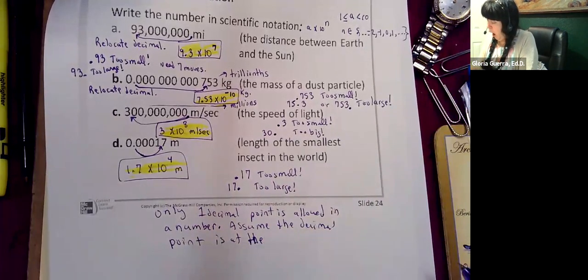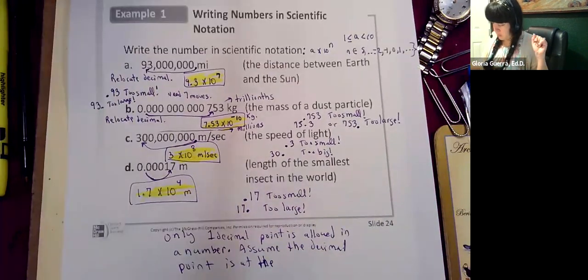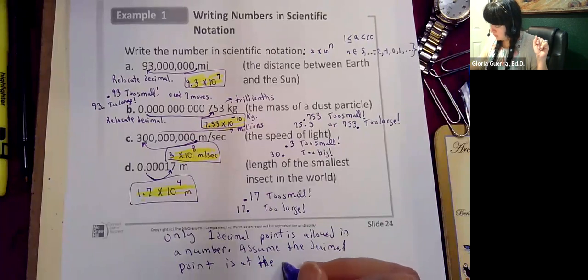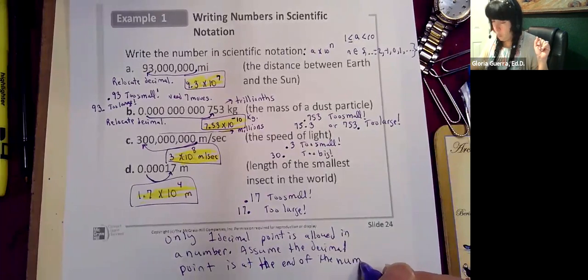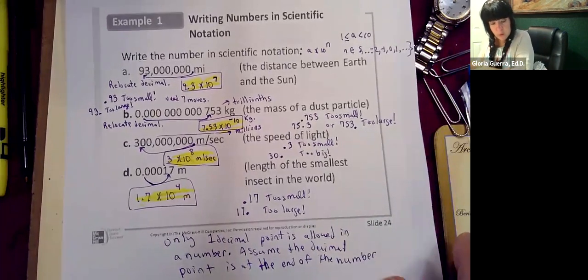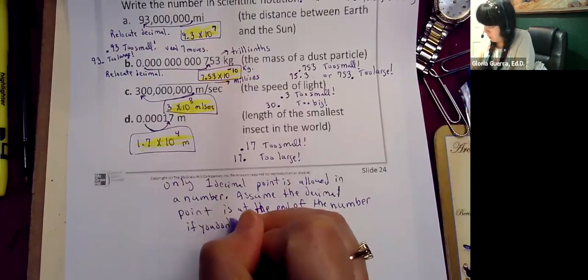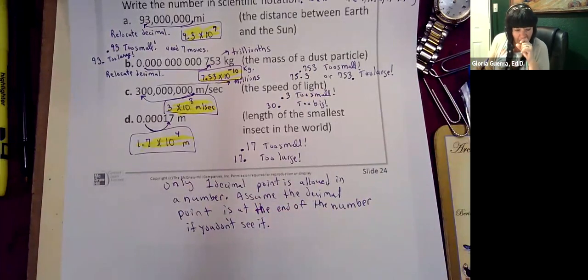Assume the decimal point is at the end of the number if you don't see it. So write that down and pause if you need to, if it's going to take you longer.